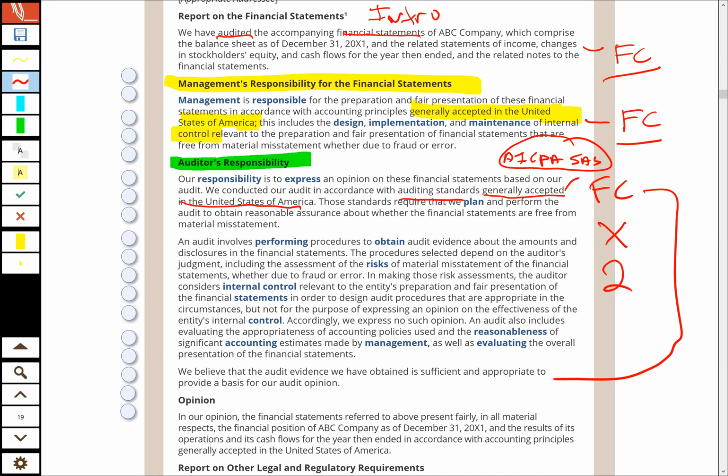And then I want to point out something that looks like no big deal down here, this little one sentence paragraph by itself, but it is a very important paragraph because it trumpets the opinion paragraph that is coming, okay? Now it says this provides a basis for our audit opinion, and as long as they're not saying a qualified or a disclaimer or adverse opinion, that means it's unmodified, unqualified.